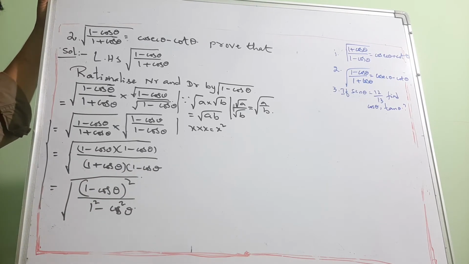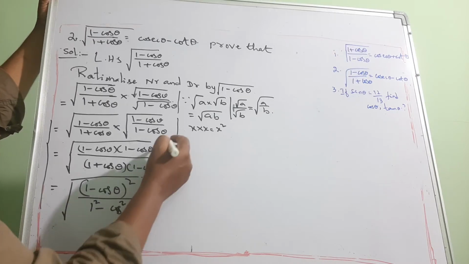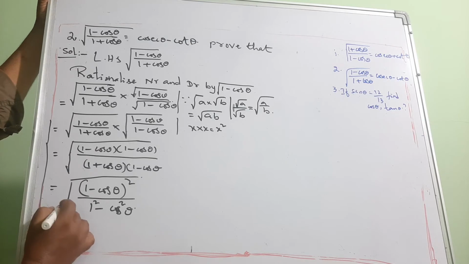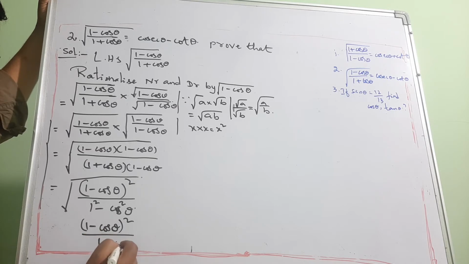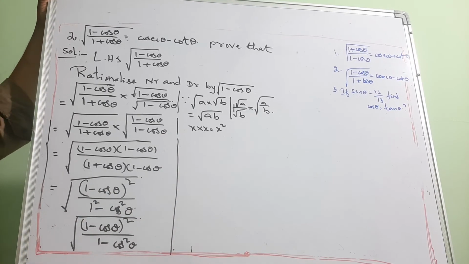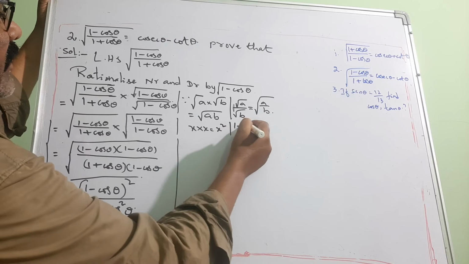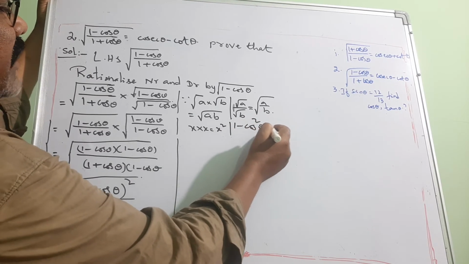So the next step: under root of 1 minus cos theta whole square divided by 1 minus cos square theta. This you have to remember. What is coming next? I told you 1 minus cos square theta we can write as sine square theta.